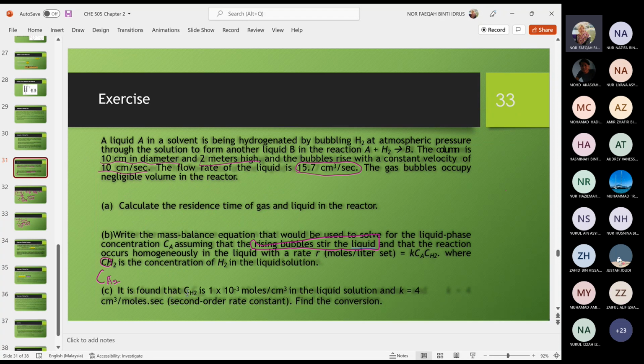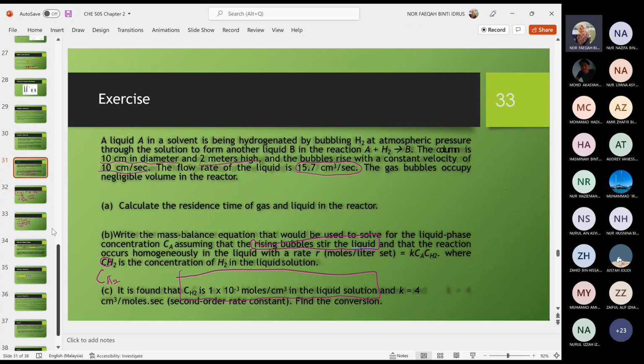It is found that the concentration of H2 in the liquid solution is already given, so you don't need to use Henry's law equation to determine the concentration of hydrogen gas in the liquid phase. So this is the concentration of hydrogen in the liquid phase. And the rate constant is given, k equals 4, a second order rate constant.